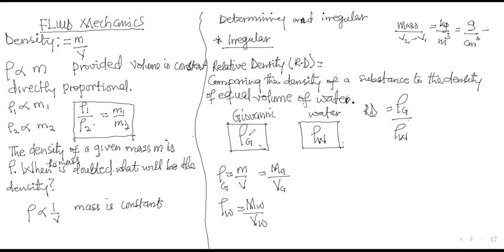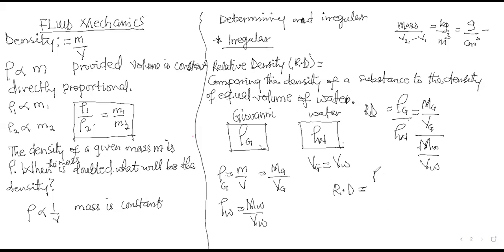Now, in choosing, the volume of Giovanni must be equal to the volume of water. When you substitute for the density of Giovanni and of water, you have mass of Giovanni over volume of Giovanni divided by mass of water over volume of water.